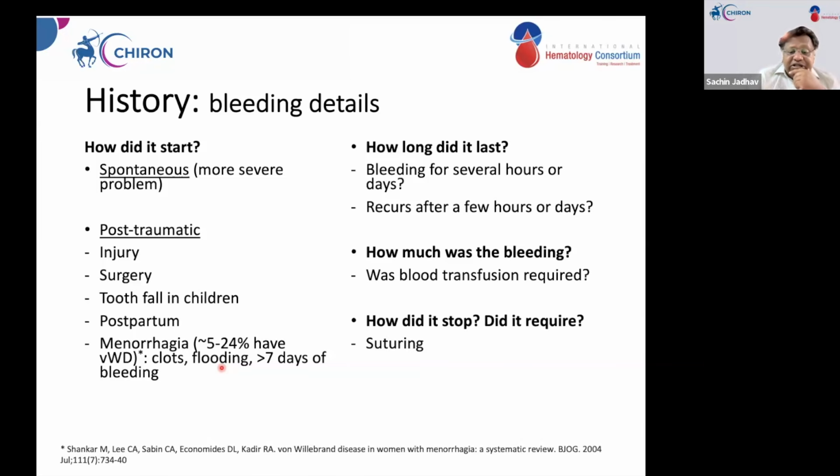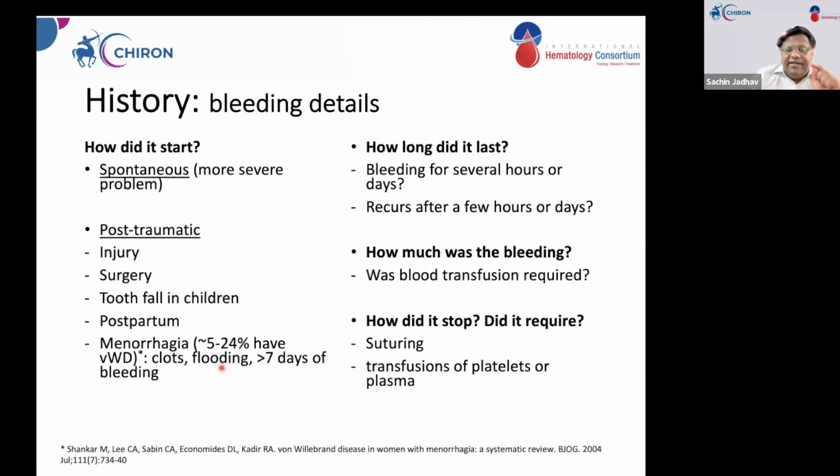Did you have to suture? Sometimes patients will say, "Yes, doctor, I had dental extraction. Then I went home, there was bleeding, it wouldn't stop. Ultimately, next day, my dentist had to suture the gums to stop the bleeding, to achieve hemostasis." Sometimes they'll say, "No, even after suturing, it didn't stop. Then they gave me platelet or plasma transfusions, and only then it stopped."